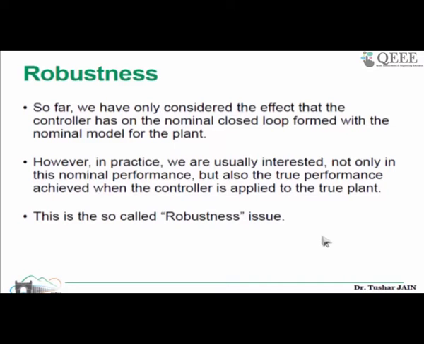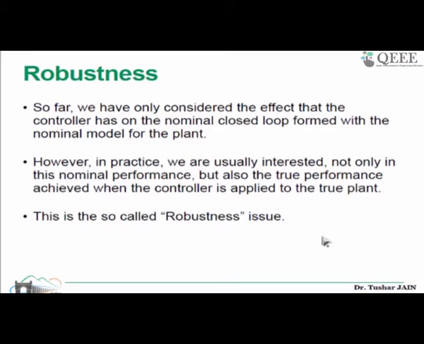We do the first principle modeling, we have the nonlinear equations, then we linearize them, and after linearization we get some transfer functions. If there is some uncertainty in the parameters of the nonlinear system, it will be reflected in the transfer function also. So we say that it is an uncertain plant transfer function, not a nominal one.